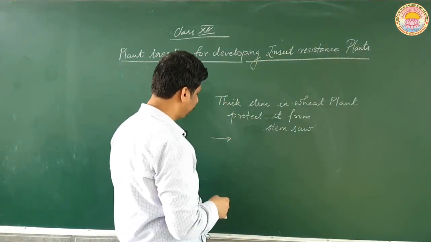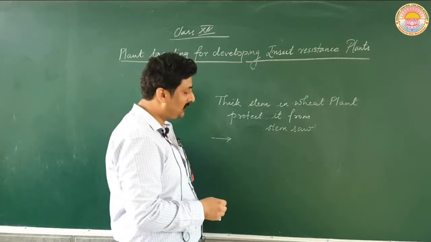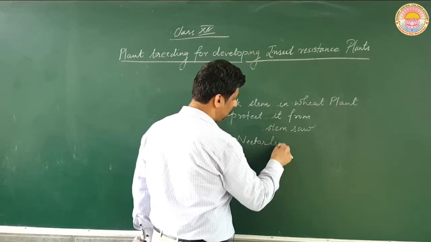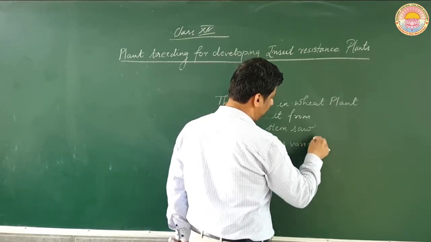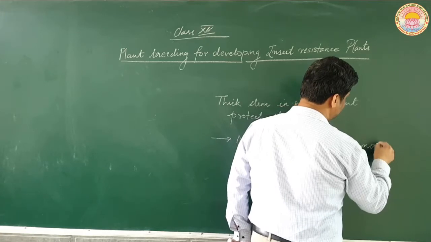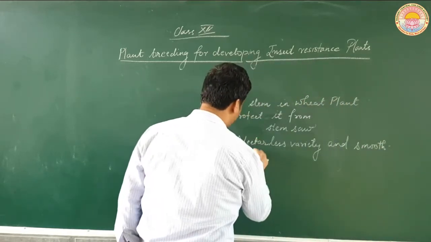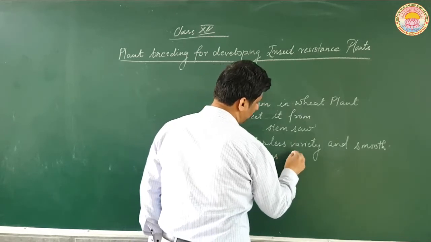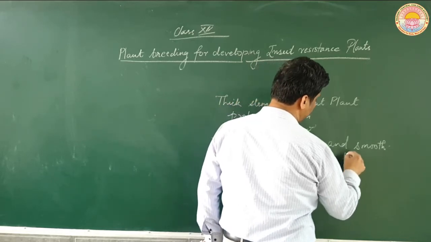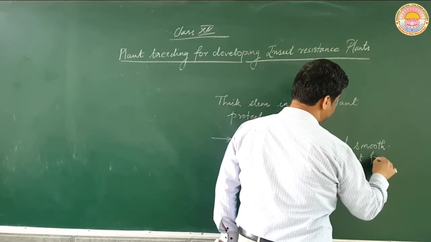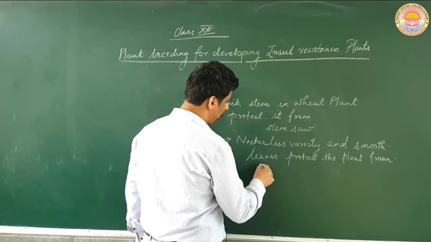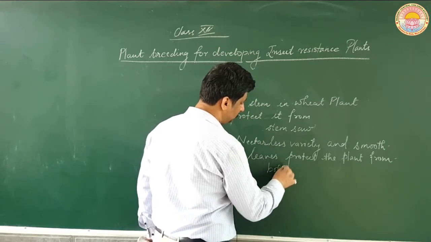Now, in case of cotton plants, nectarless variety and smooth leaves protect the plant from bollworms.